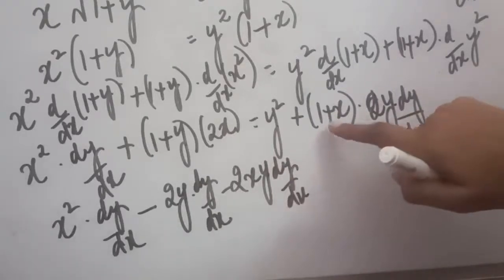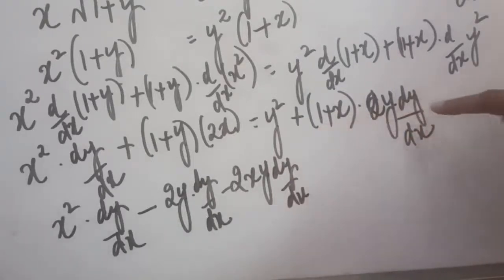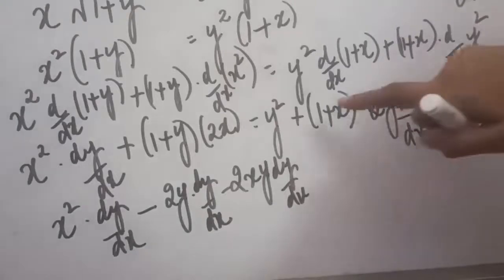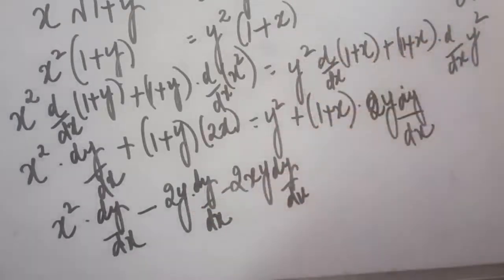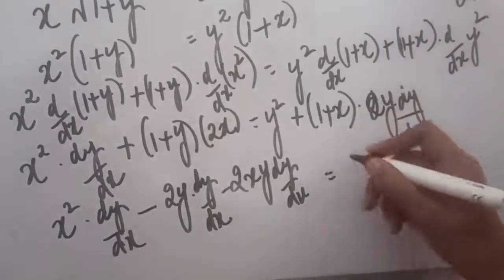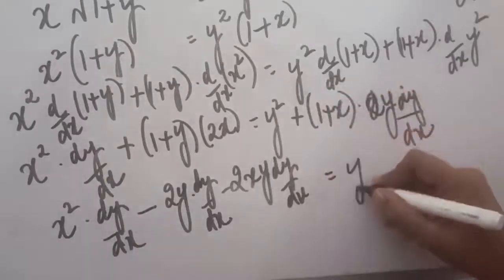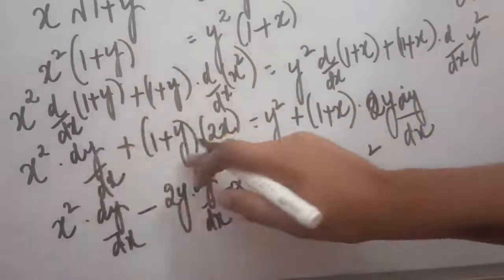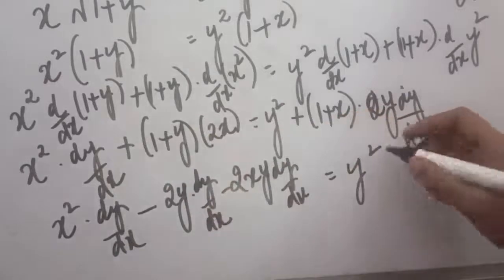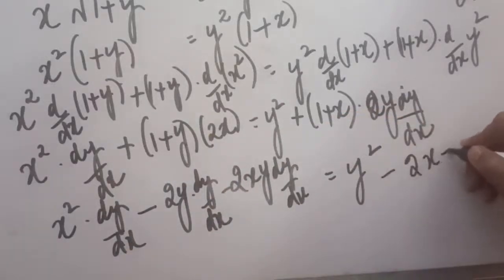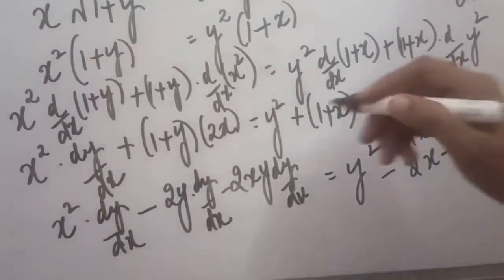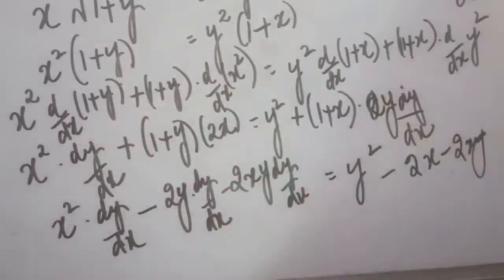I hope you can understand. This 1 will be multiplied with this entire and x also will be multiplied. So the two things that I have taken on the left hand side, on the negative side. On the right hand side, y square is still there and this portion will be coming on the right hand side. It will be minus 2x and minus 2xy.